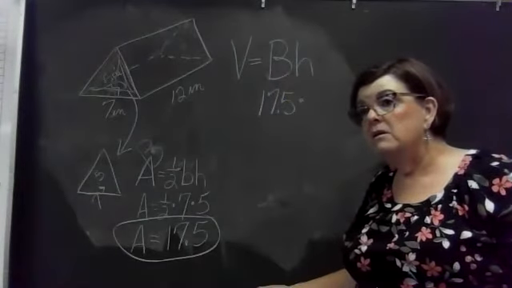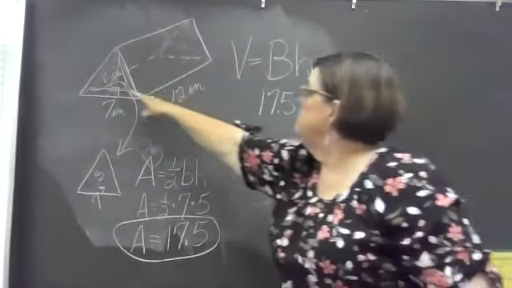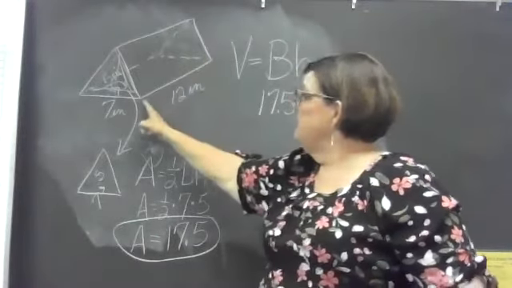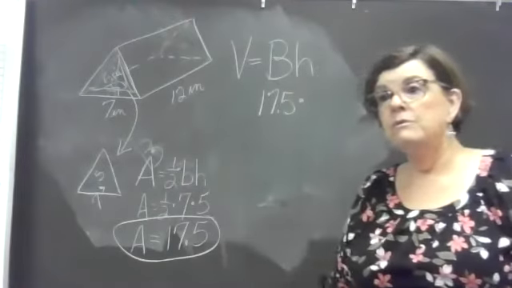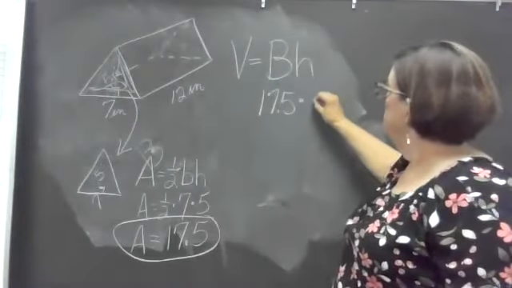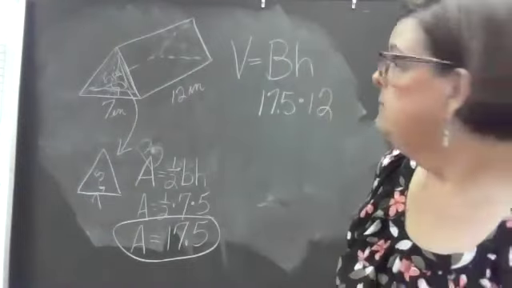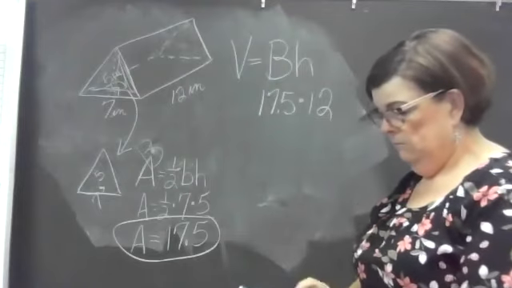That's the height, and that's 12. See, this is a base, this is a base, there's the line that joins the two. Y'all see? So we're going to take it times 12.